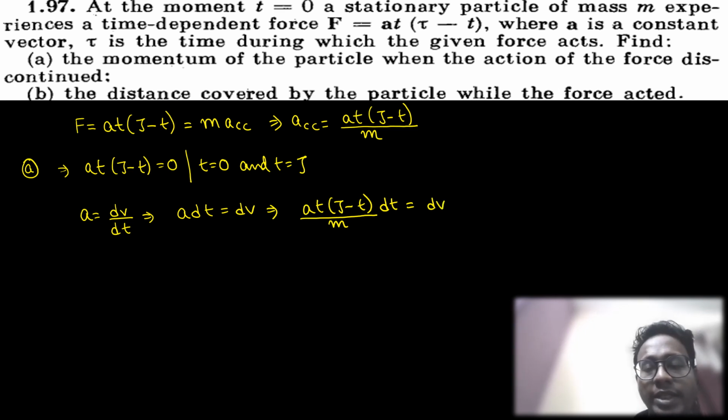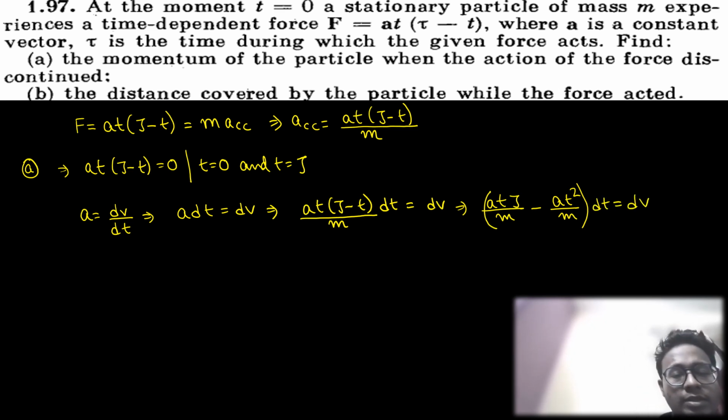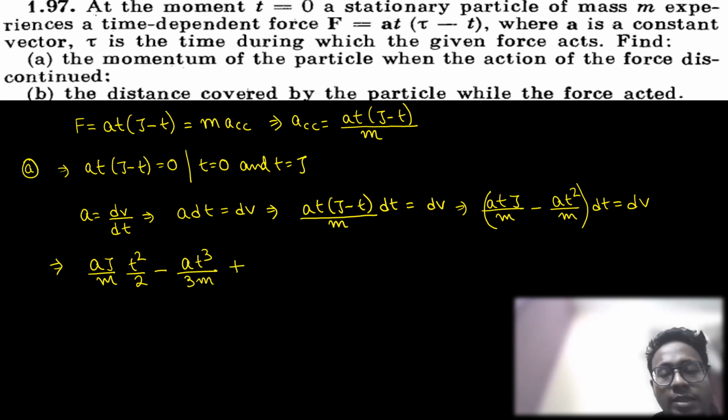Okay, if we integrate this one, this is nothing but a tau by m minus a t square by m dt is equal to dv. Or a tau by m, t square by 2, minus a t cube by 3m, plus some constant, is equal to v.